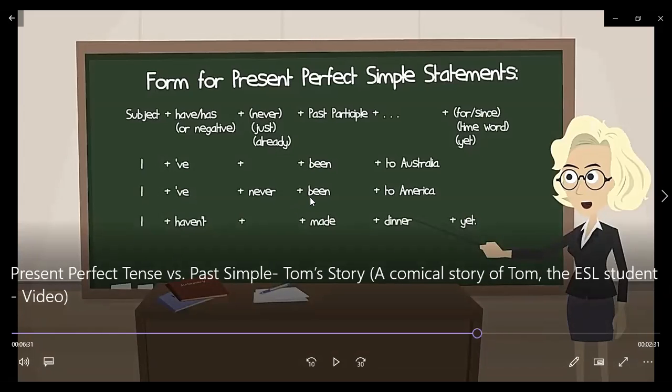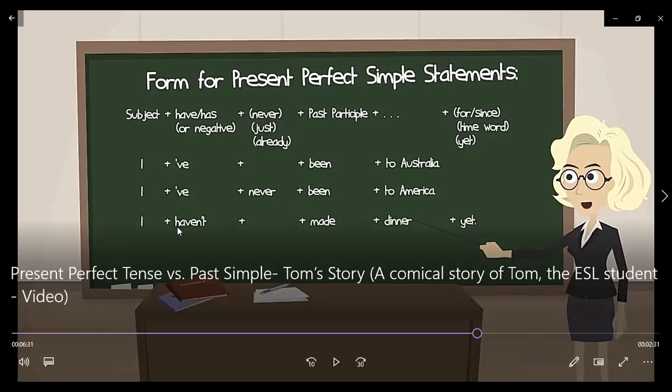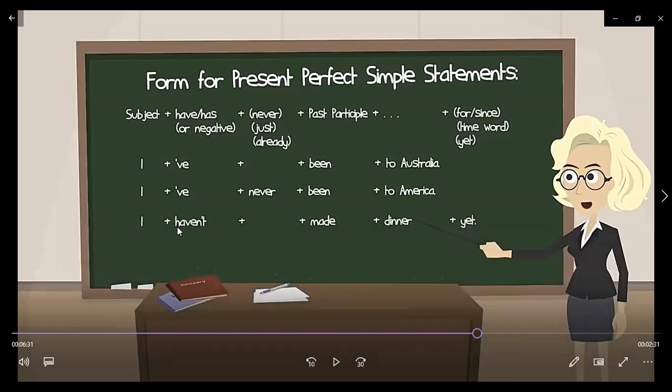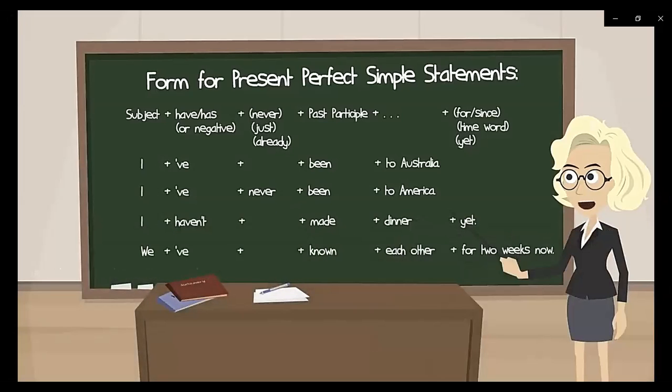I have never made. I have never danced. Or you can say, I haven't danced. We don't use both together. No ocupamos el haven't y el never juntos, ¿ok? We've known each other for 2 weeks now. Here we used for 2 weeks now at the end of the sentence.